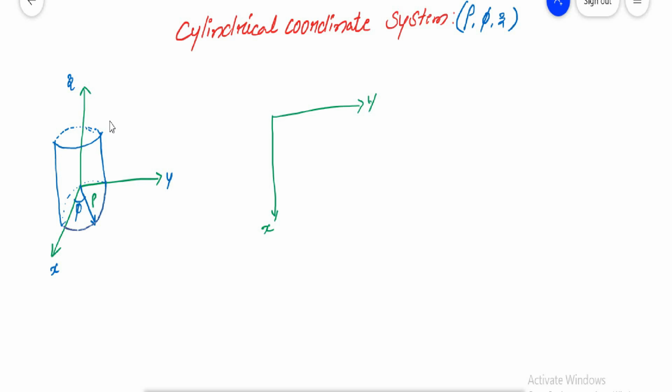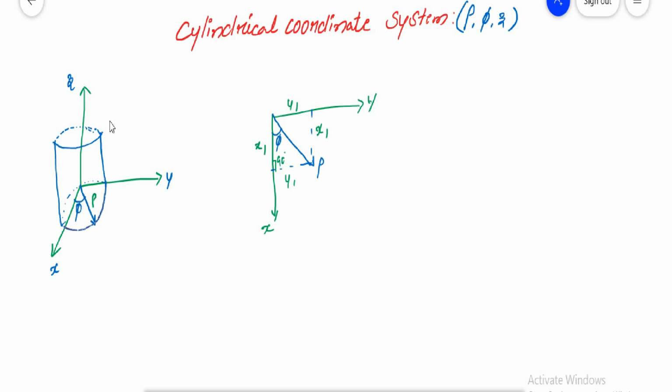Let us consider a radius vector whose length is rho and which makes an angle of phi. This becomes x1 and this becomes y1. From the right angle triangle, here it is 90 degrees.